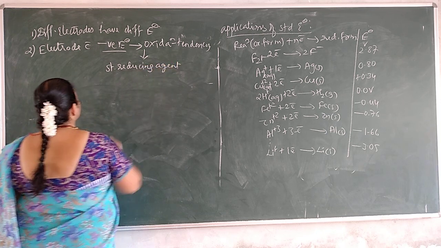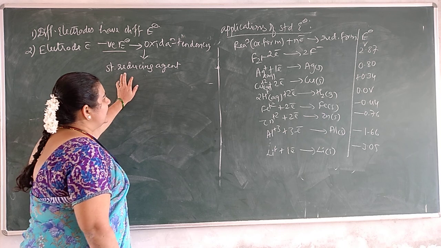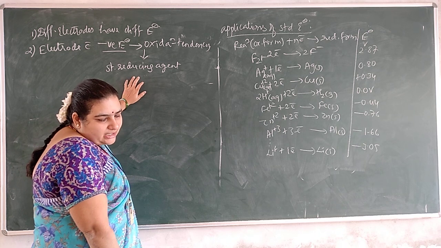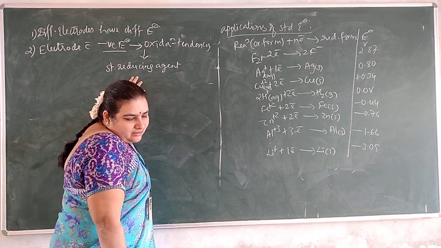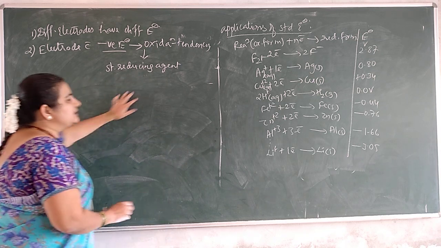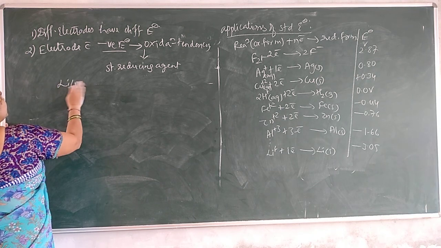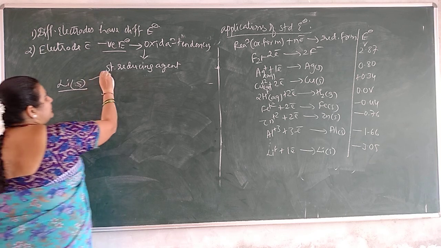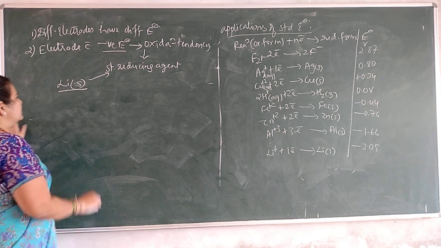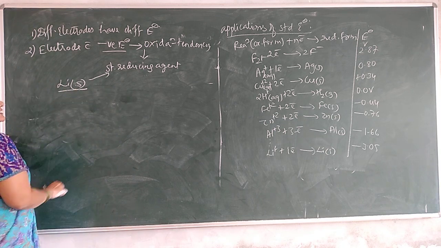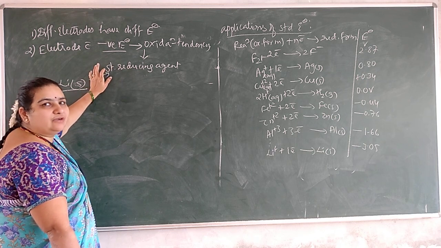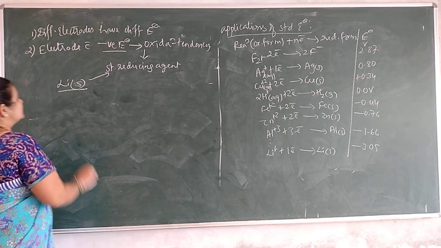In the example, lithium solid is a strong reducing agent because it has the most negative electrode potential, minus 3.05 volts.